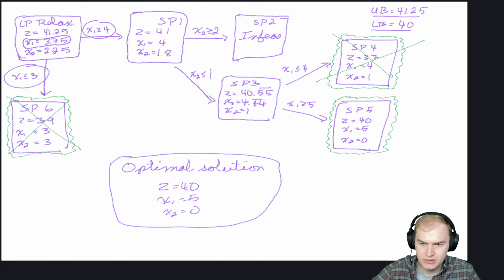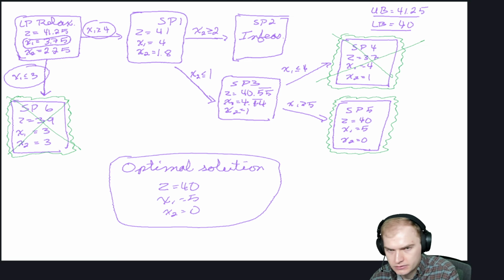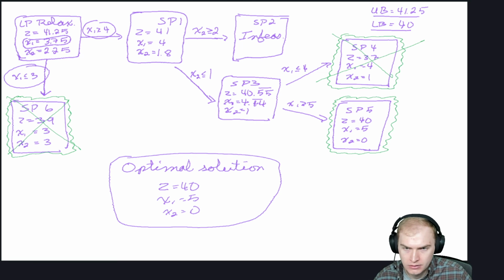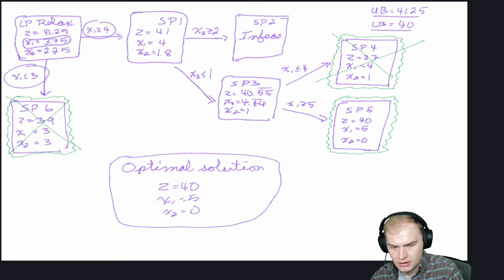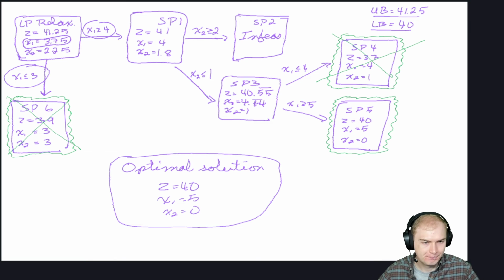Let's get rid of our branch constraint and type in integer there. So now we're solving the integer program, and we see that it spits out the optimal solution we found, 45.0.